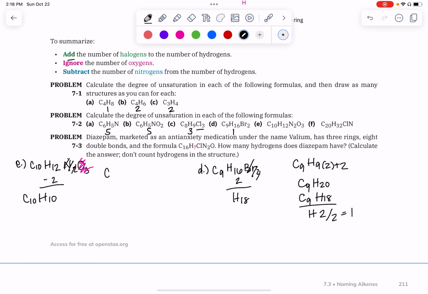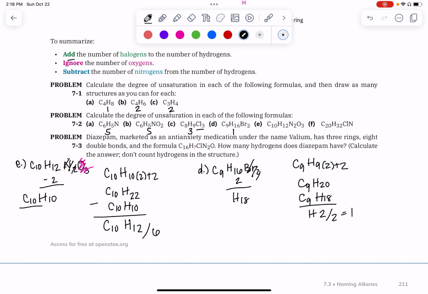Our saturated C10 is going to be 10 times 2 plus 2. That's C10H22. And then we can subtract our H10 from that. That's going to give us H12. Divide this H12 by 2, and that gives us 6. That's 6 degrees of unsaturation.